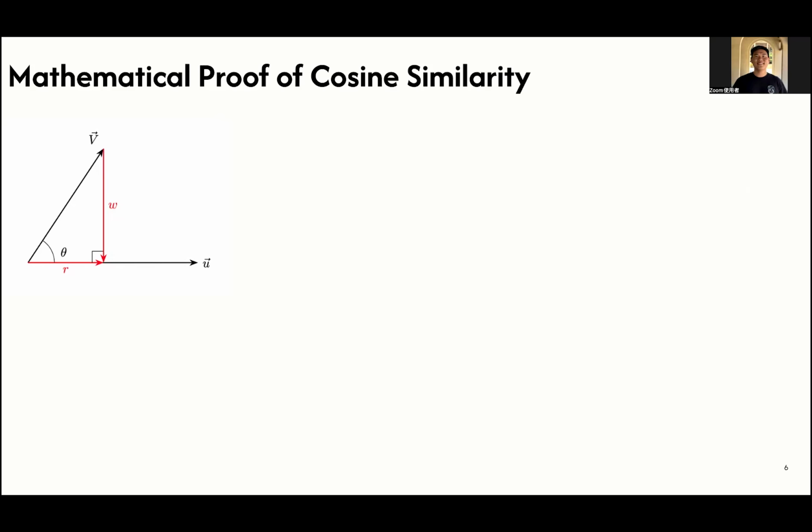Since cosine is defined as adjacent over hypotenuse, it seems like a very useful tool to find the angle. The thing is that vector u may not have the same length as the adjacent side of the triangle. So we introduce a scalar k that scales u to a new vector r, and let the perpendicular vector be w.